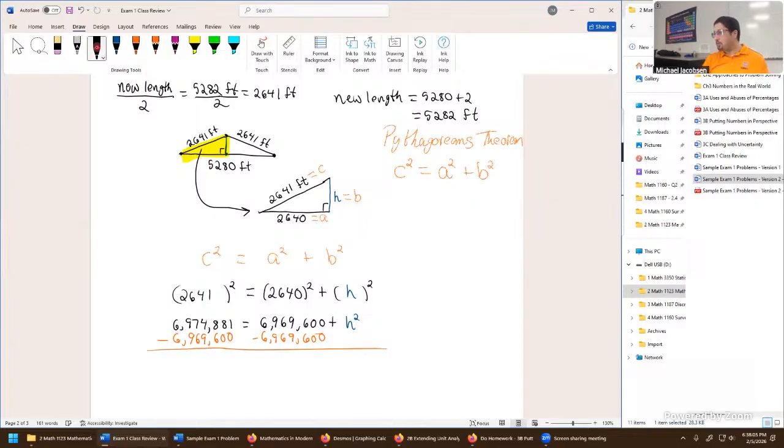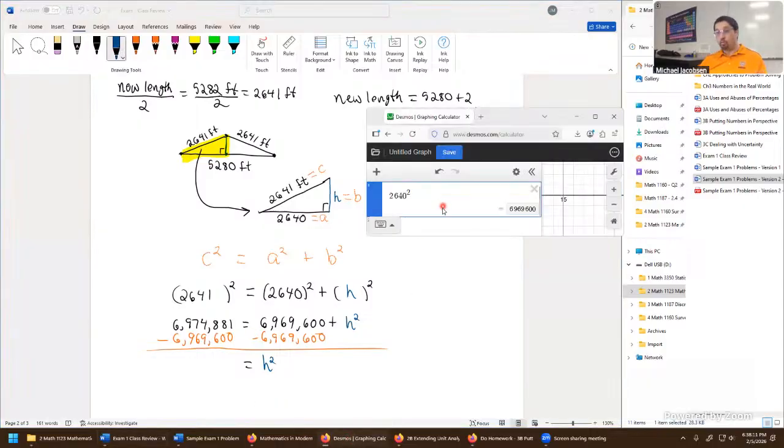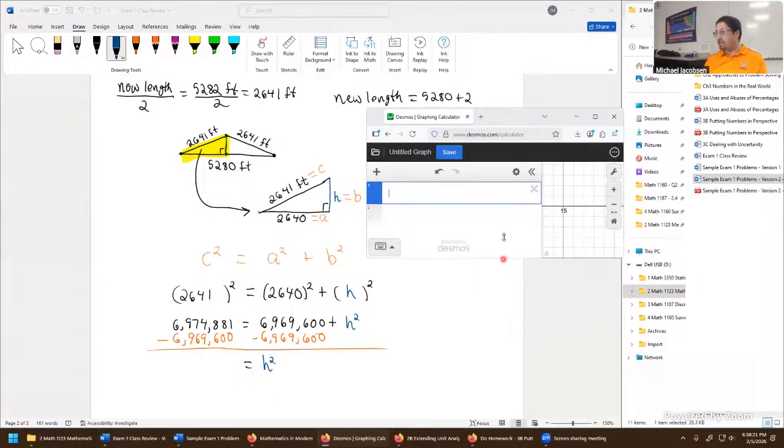Okay, we'll rebalance to a new equation with the square of the height that we want on one side. So let me write those out. You know, when you think about it, you can type in these numbers just as is, get the value. Let me just do that to emphasize what it looks like in the calculator. 6,974,881 minus 6,969,600. And hang on here.